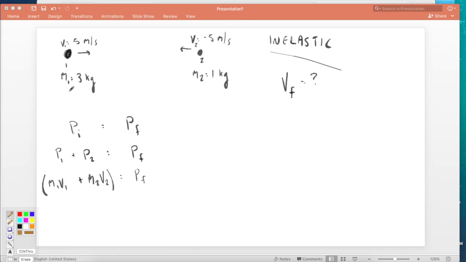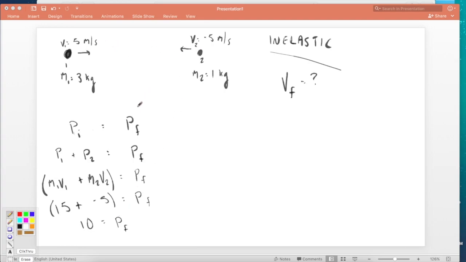Let's start plugging numbers in. 3 times 5 is 15. Mass 2 is 1. My velocity here is negative 5, so it's going to be a negative 5. So it turns out that the momentum of my entire system before they collide is 10, and that's also going to equal the momentum after they collide, 10. Well, how does that help me? Well, think about it.